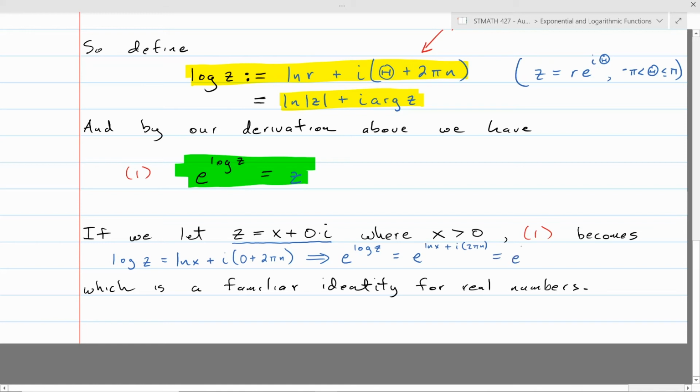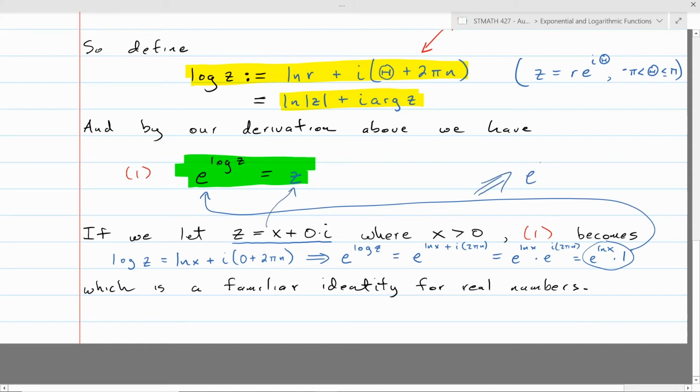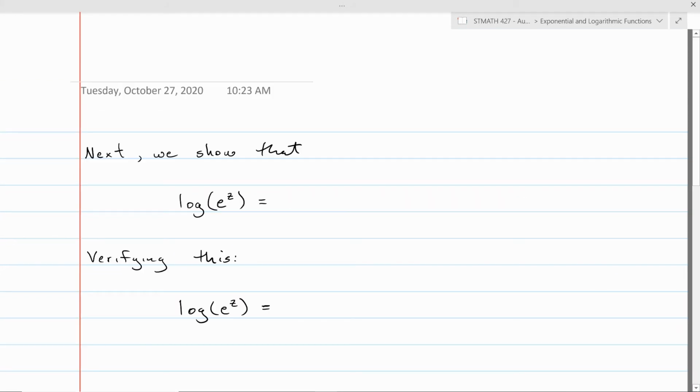So that's e to the natural log of x times e to the i times 2 pi n. But that's equal to 1. So you get e to the natural log of x times 1. So that is the left-hand side of this identity up here. And then z equals x is the right-hand side. So this becomes e to the natural log of x equals x, which is our familiar identity for real numbers. So it falls out of our more powerful identity in green there.